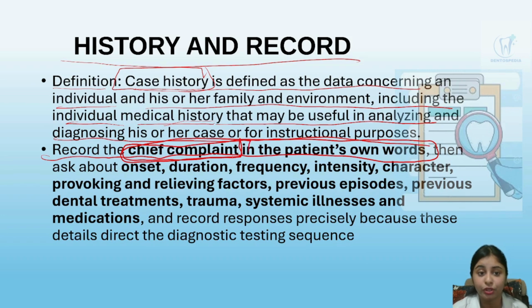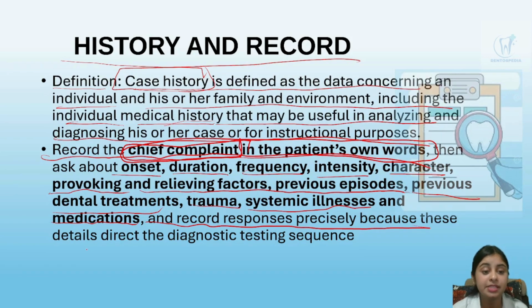So note a proper chief complaint in the patient's own words, and then ask about various factors like onset, duration, frequency, intensity, character, provoking factors like aggravating or relieving factors, previous episodes of this complaint, previous dental treatments, trauma, systemic illness, which may include any medical history or illness or medication the patient is taking, and record responses precisely because these details direct the diagnostic testing sequence.